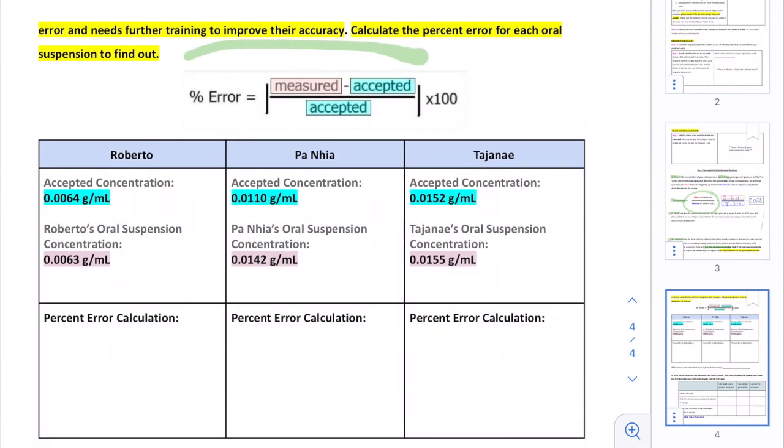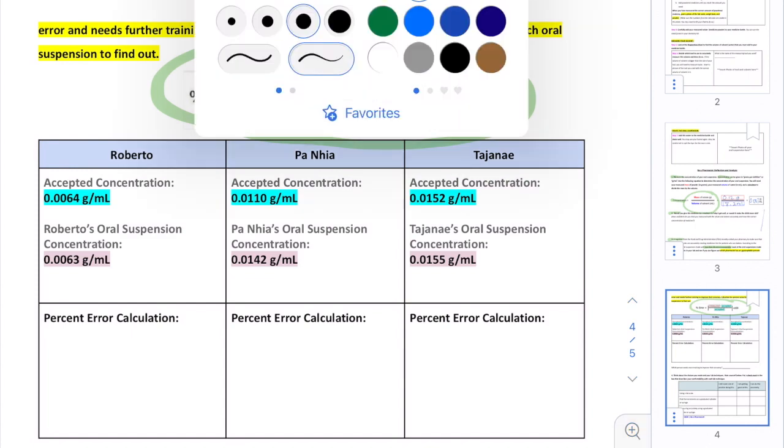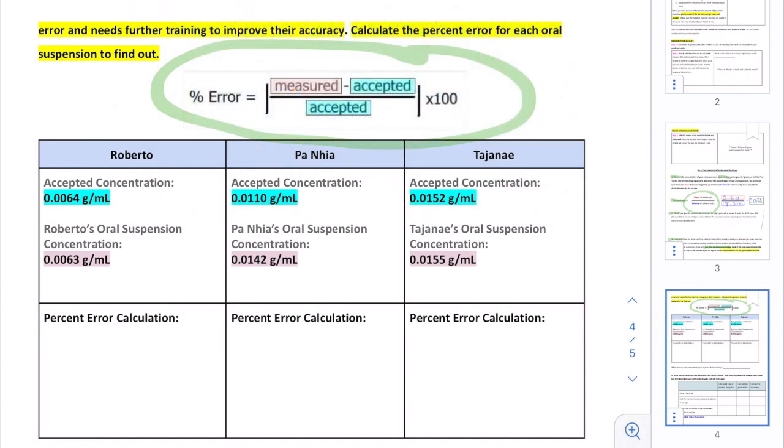Here is our formula for percent error, and remember that we take the measured value, which is sort of like our value, or the pharmacist's measured value, and then the accepted value is the right answer, the one that many people through a lot of testing have decided is the right answer.